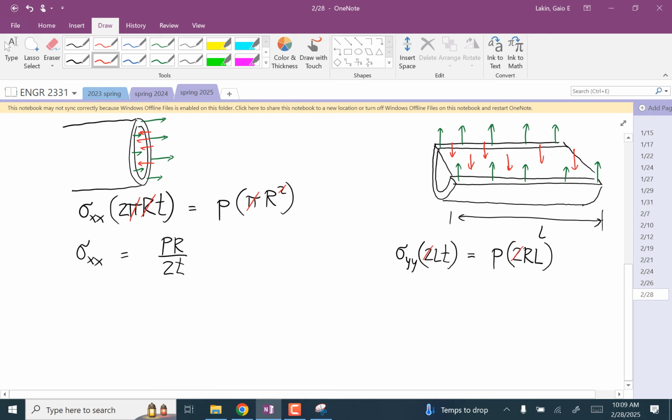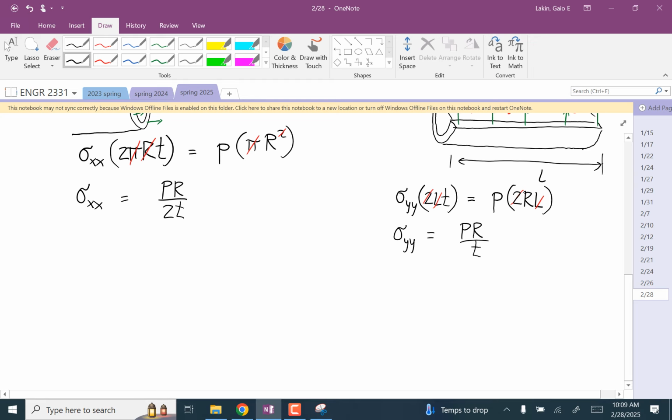Cancel the 2's, cancel the L's, and you get that sigma yy is equal to PR over T. Okay, so the principal stress tensor then is PR over 2T, 0, 0, 0, PR over T, 0, 0, 0, 0.